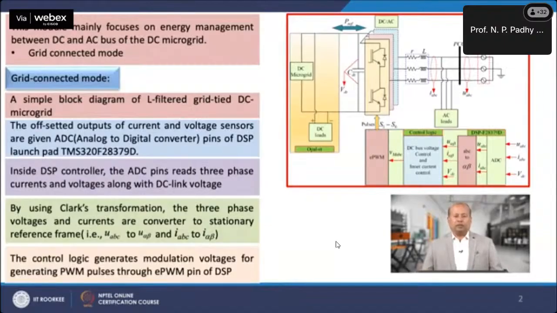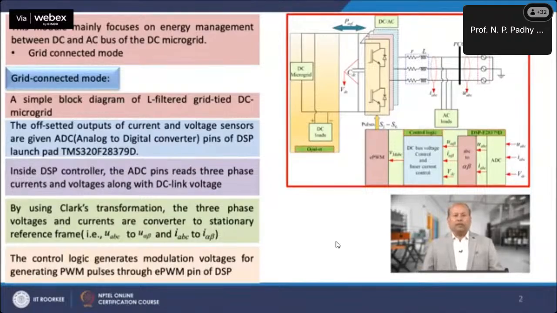Inside the DSP controller, the ADC pins read the 3-phase currents and voltages along with the DC link voltage. By using Clarke's transformation, the 3-phase voltages and currents are converted to the stationary reference frame from ABC to alpha beta, such as UABC to U alpha beta and IABC to I alpha beta.